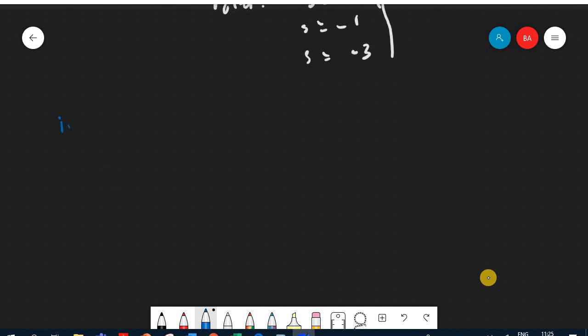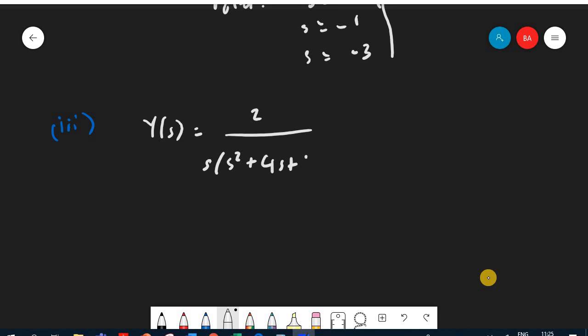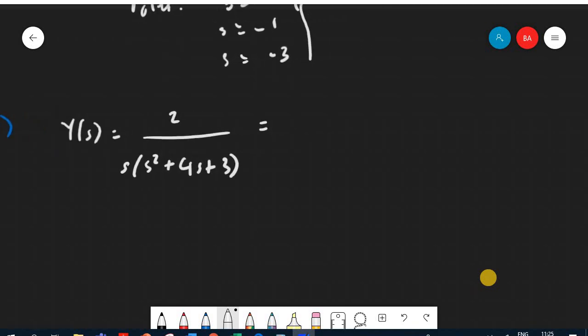If you go to part 3, Y of s is equal to 2 over s into s squared plus 4s plus 3. And after factorizing, this will be something like s into s plus 1 into s plus 3.